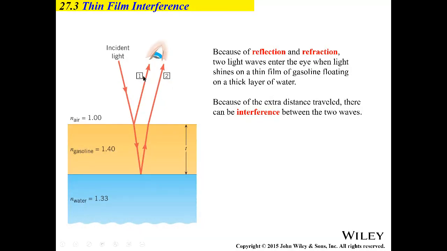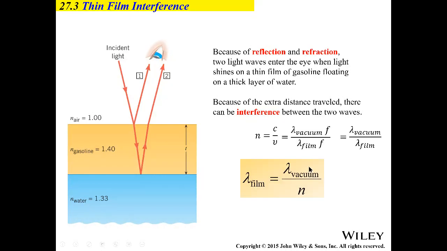So of the rays 1 and 2, 1 came from this reflected phase and 2 came from this side, and they will now be destructive. This is just to remind ourselves that the wavelength of the light inside the film is whatever it was outside divided by n.